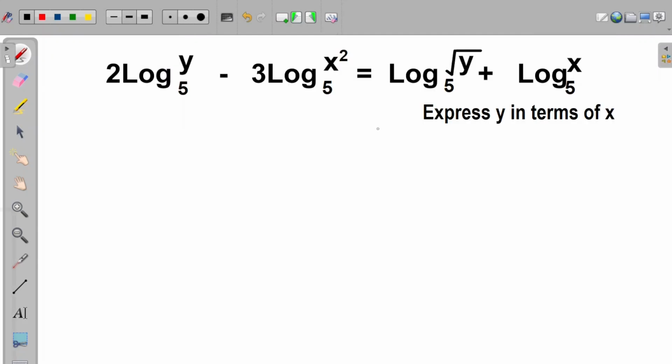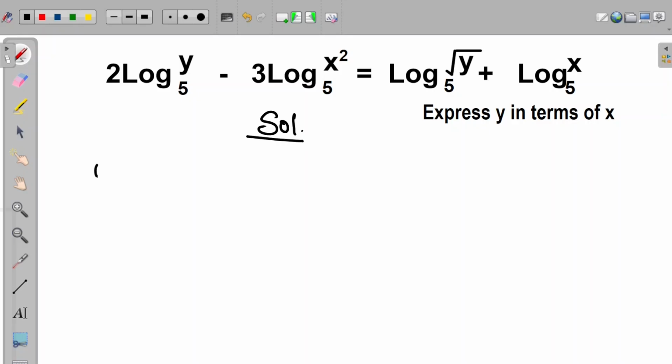So in this equation, we are asked to express y in terms of x, given that 2 log y to base 5 minus 3 log x squared to base 5 is equal to log root of y to base 5 plus log x to base 5.